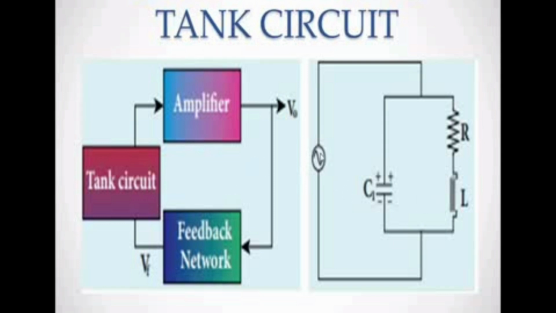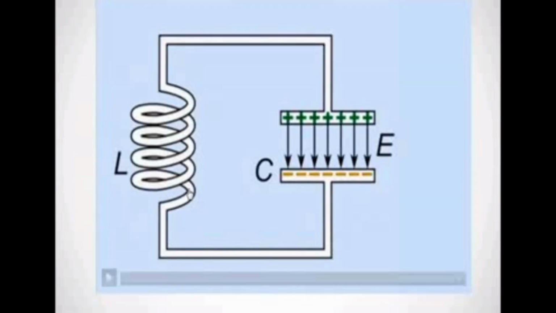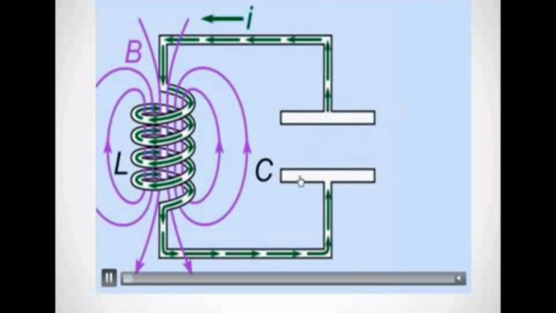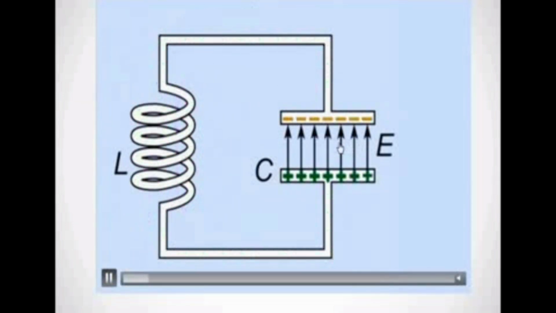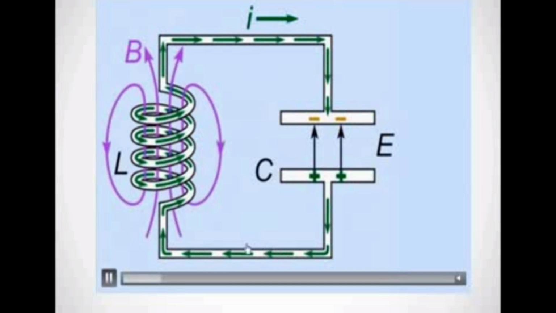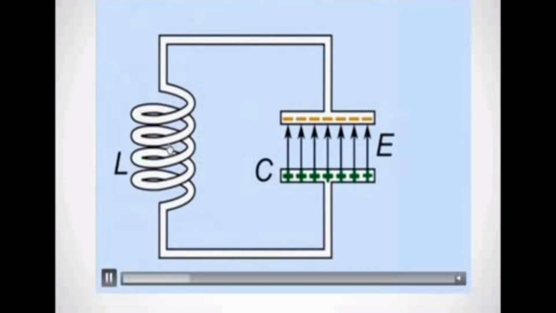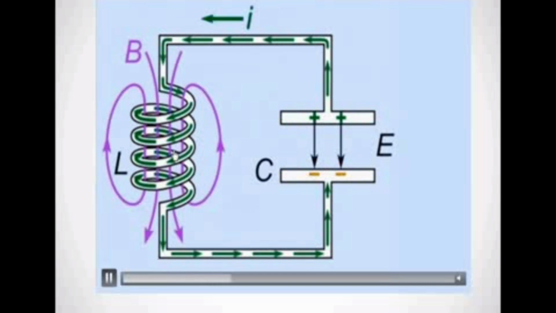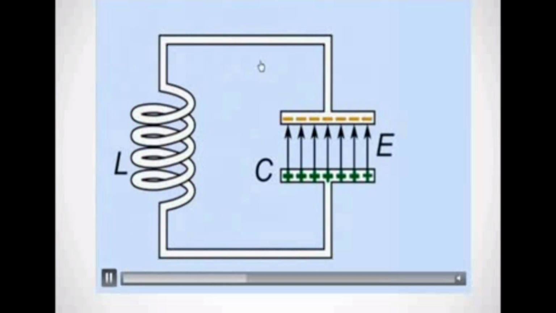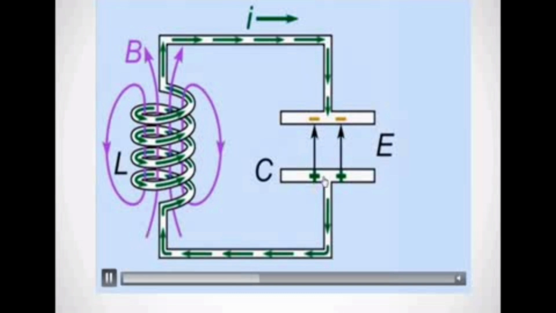Okay. So the tank circuit animation is here. See here, this is an inductor and this is a capacitor. When the energy is discharged from the capacitor, it is stored in the inductor in the form of electromagnetic energy. Again, that electromagnetic energy is converted into energy stored in the capacitor.